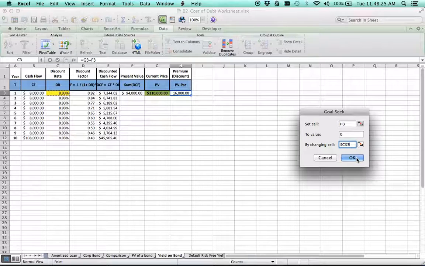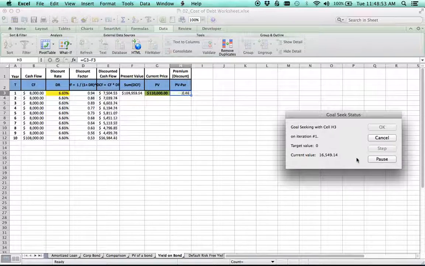My argument would be that because the current price is higher than $100,000, that must mean that people like this coupon payment more, and so they are happy with an $8,000 coupon payment because they would be satisfied with a lower interest rate than 8%. And so we would expect that this would solve for an interest rate that's below 8%.